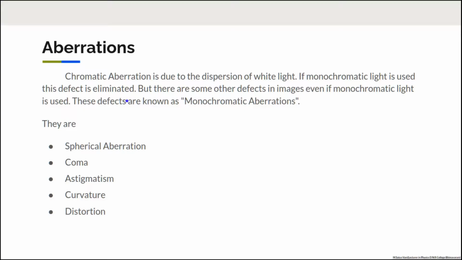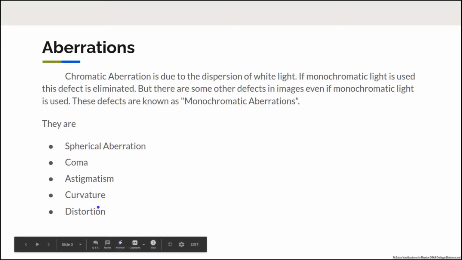Monochromatic light means a light having a single wavelength, a single colored light. Even if you use single colored light, some other defects may arise. There are 5 types: number 1, spherical aberration, coma, astigmatism, curvature and distortion.